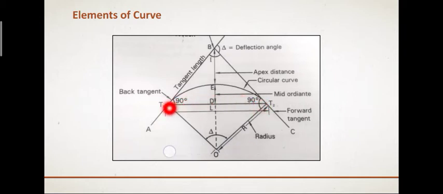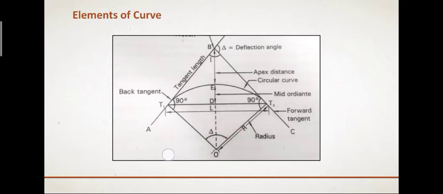This distance L, can you see this L here? It is called the long chord. And the distance between the chord and the summit of the curve is called the mid ordinate. And this back tangent is 90 degrees to the radius of the curve.